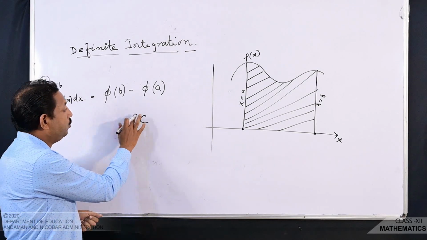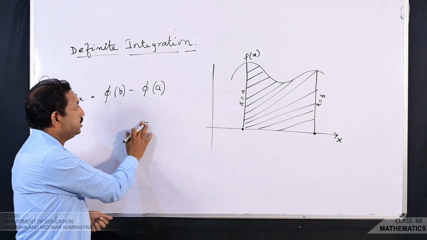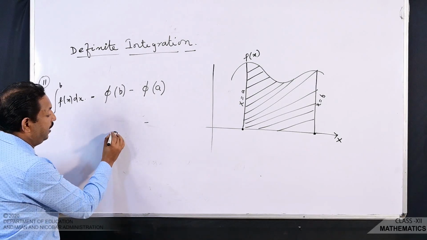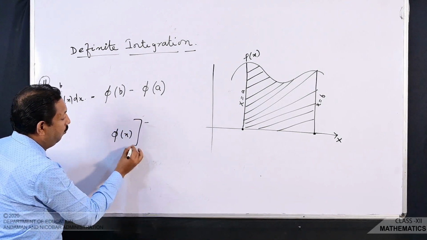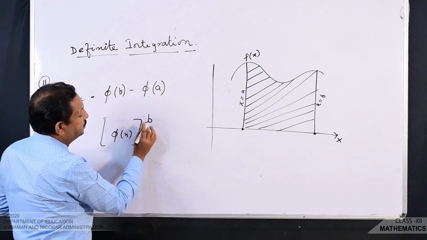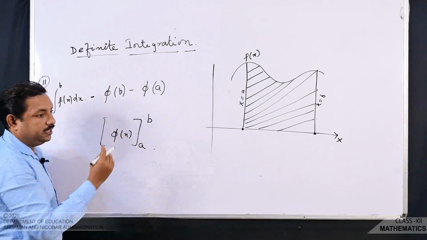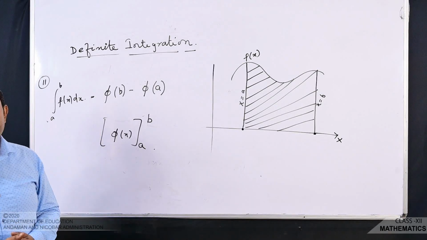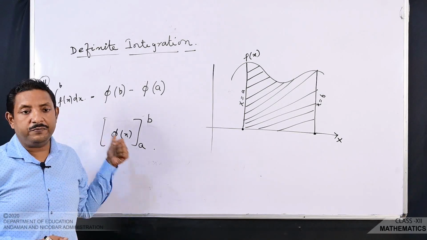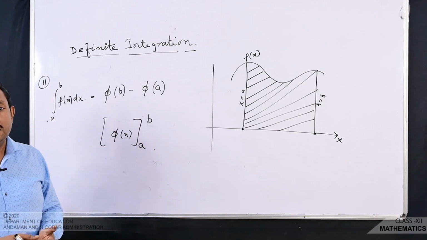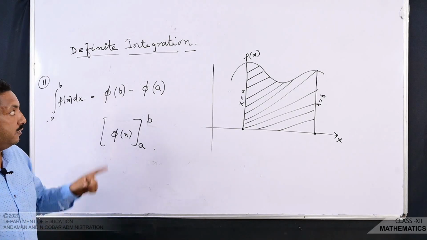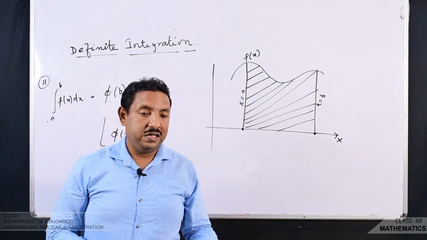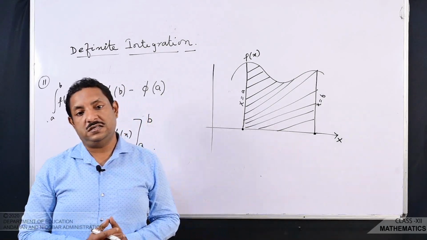So, here we need not use any constant, and we can also write phi of x over the upper limit and the lower limit like this. This procedure we will follow, and this second fundamental theorem we can now apply in some problems, and the first fundamental theorem we apply in the next lesson to find the area under the curve.